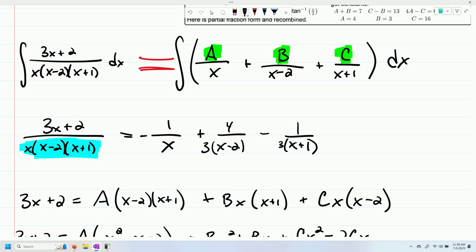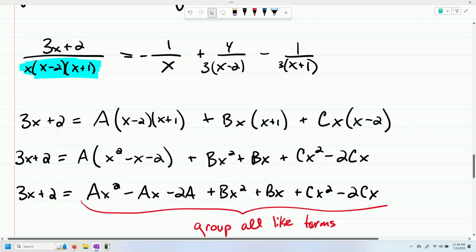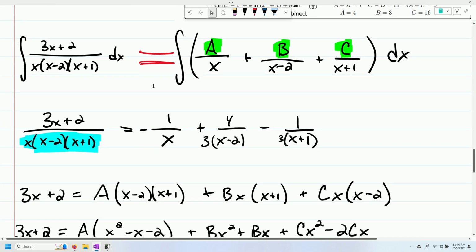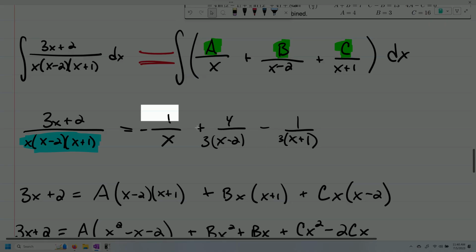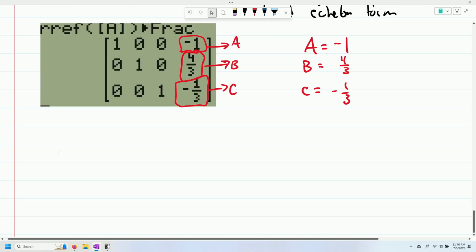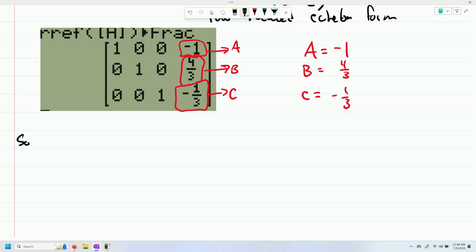All right? So, in fact, I'm going to copy and paste this. You'll see why in a second. So, what do we do with this? Well, we were asked to integrate 3x plus 2 over x times x minus 2 times x plus 1 dx.